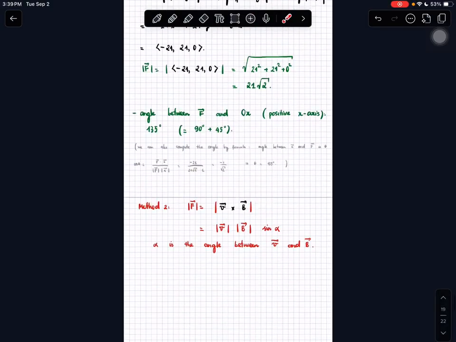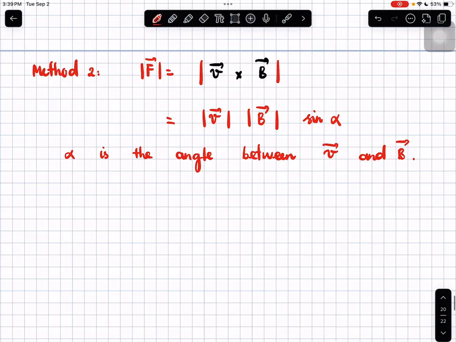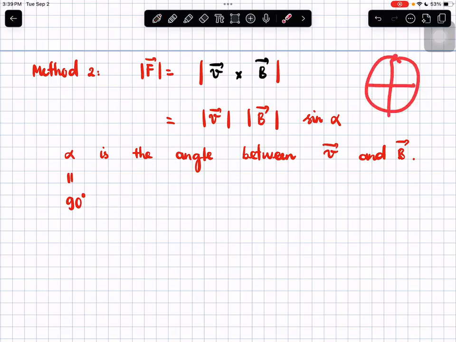The angle between them is 90 degrees, and sine of 90 degrees is 1.